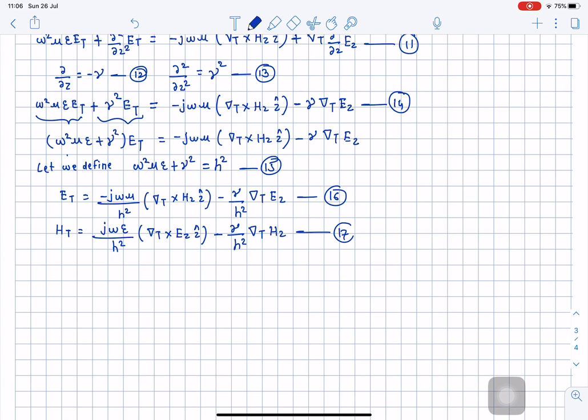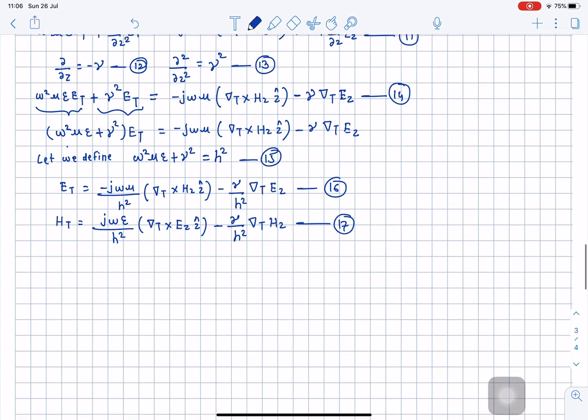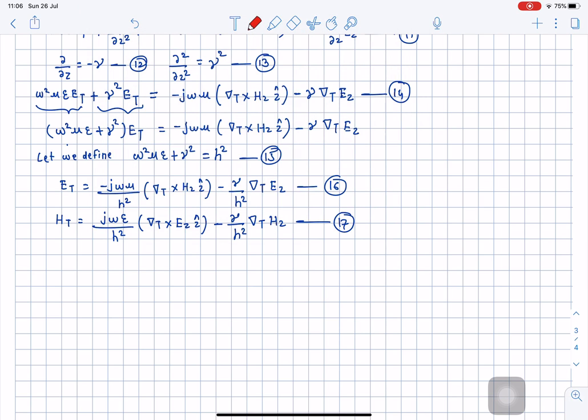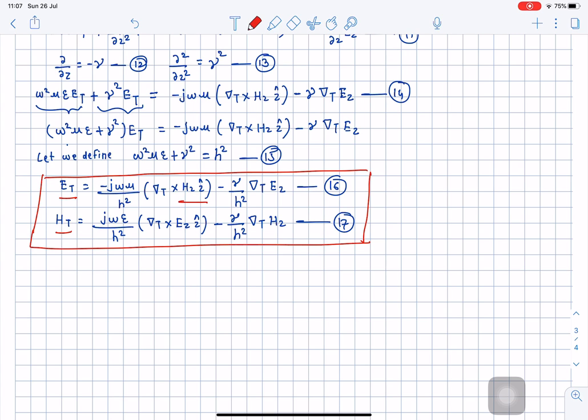Now we carefully observe equation number 16 and equation number 17. What do we observe? On the left hand side of equations 16 and 17, we have the transverse components of the electric field and magnetic field. On the right hand side we have only the z component.